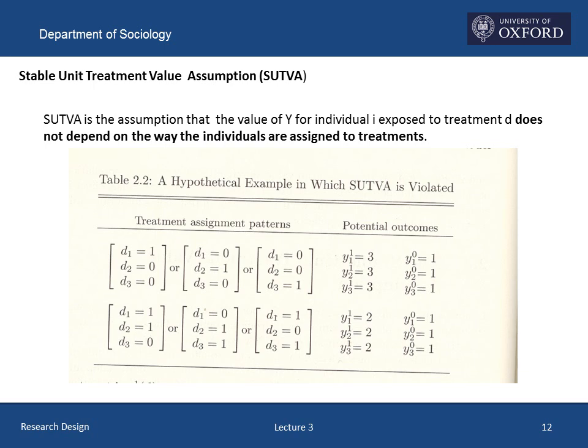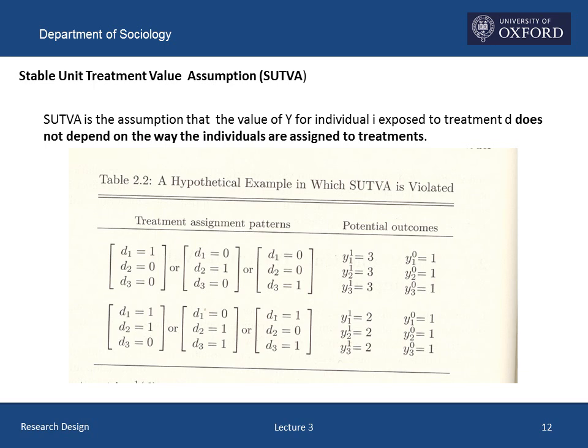Case 1 is assigned to the treatment condition in the first allocation, and a score of 3 is observed. If they had been assigned to the control condition, as in the second allocation, they would have been observed to get a score of 1. The point to get here is that when only one case is allocated to the treatment condition, the difference in potential outcomes is 2 units.